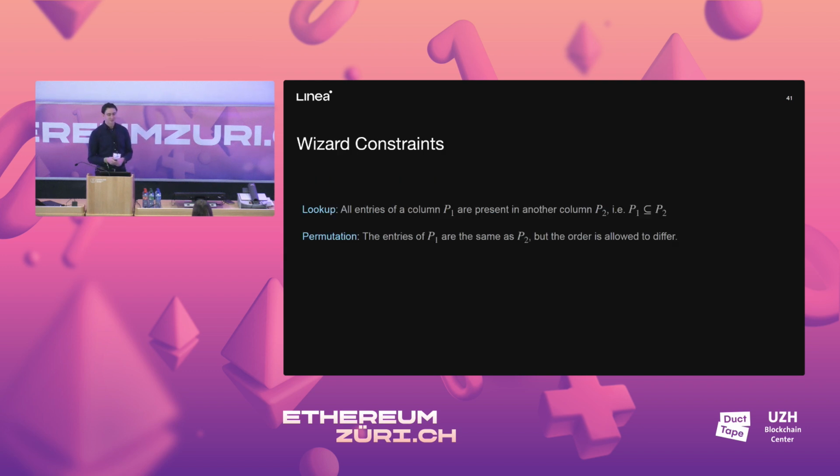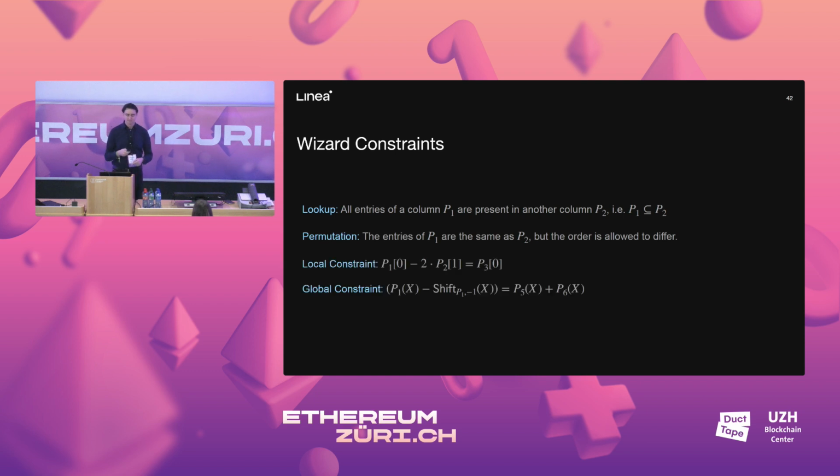So in terms of what kind of constraints, remember, we want to look at the polynomials, the columns, and we want to enforce relations among them. What kind of constraints can we support in this Wizard system that we have? We have the typical ones. We have lookups, for example, where we say all the entries of a column are included in another column. Permutations, where two columns are the same up to a different order.